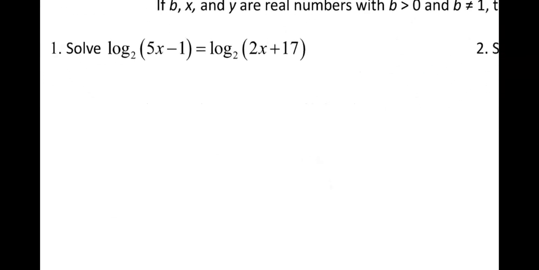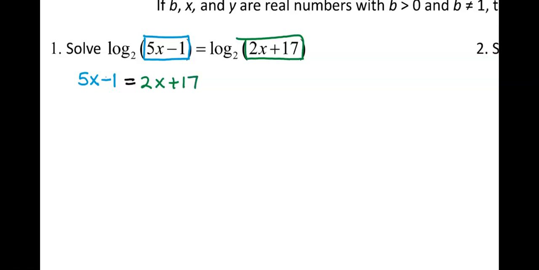Example 1, we have log base 2 of 5x minus 1 is equal to log base 2 of 2x plus 17. The logarithmic one-to-one property says that because our logarithms have the same base, it must be the case that 5x minus 1 is equal to 2x plus 17.